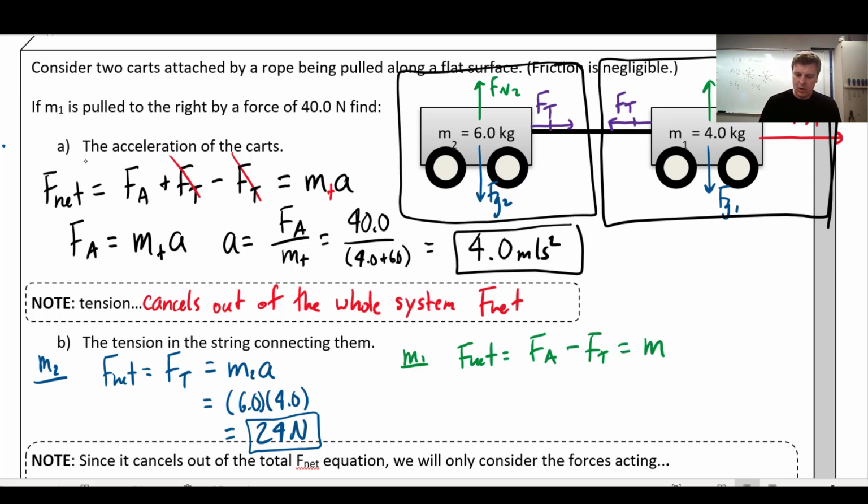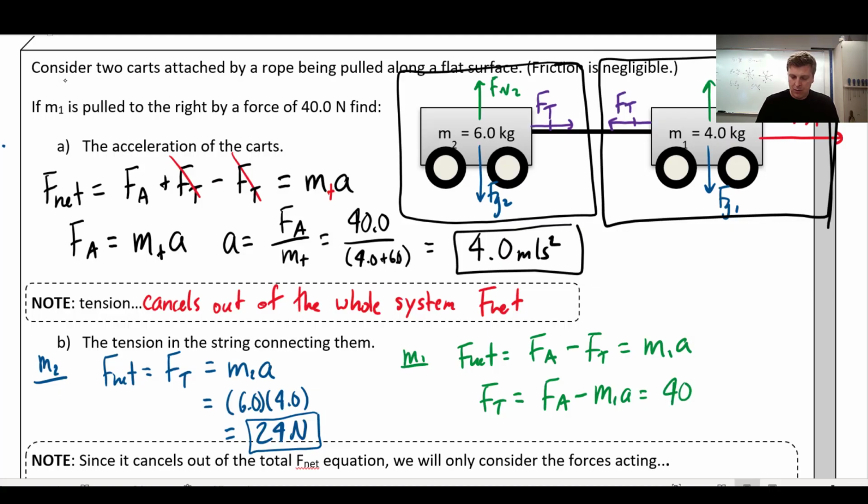And that's going to equal MA, but since I'm only looking at mass 1, then this is mass 1. So doing some algebra, I can see that FT, my tension force, is going to equal the applied force minus M1A. It's a little more work here, but I've got 40 minus 4 times 4, which is 16. 40 minus 16 is 24 newtons.